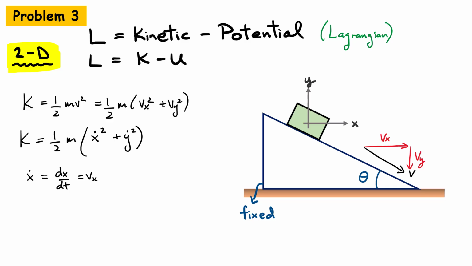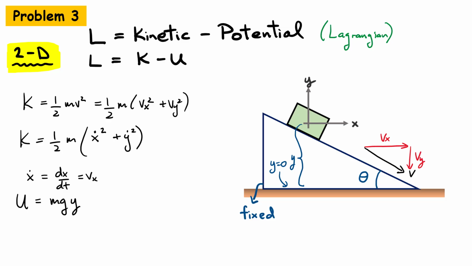The potential energy, well, guess what? It's only gravitational potential energy. What I'm going to do here is set the ground right here as y equals 0. And wherever this block is on the ramp, it's going to be a certain height, y, above the ground, right? So the gravitational potential energy is simply mg multiplied by the height of that object.